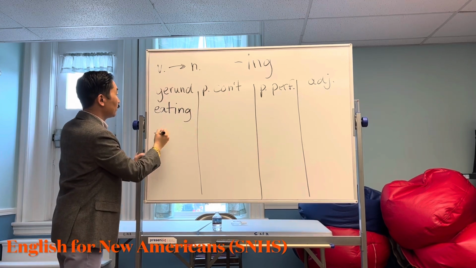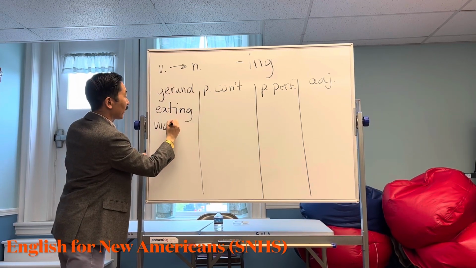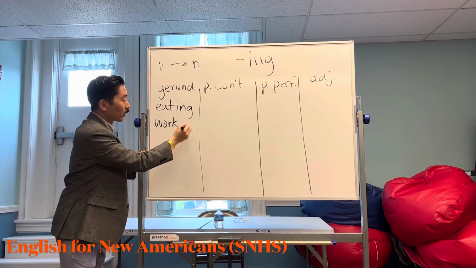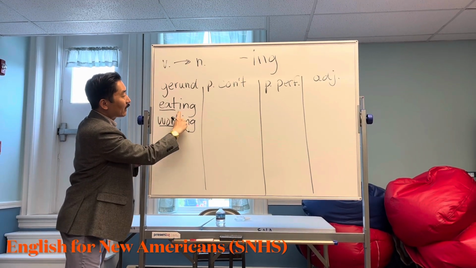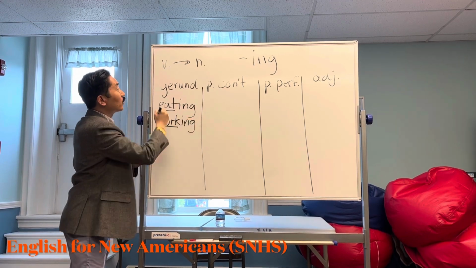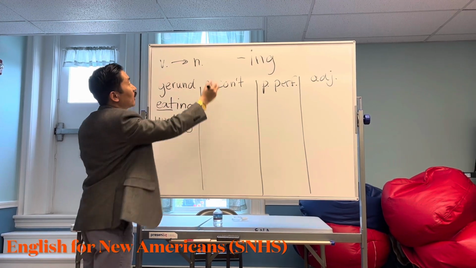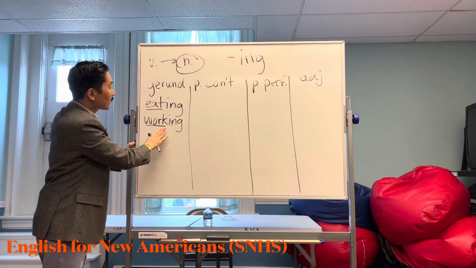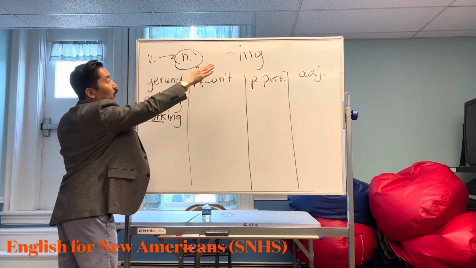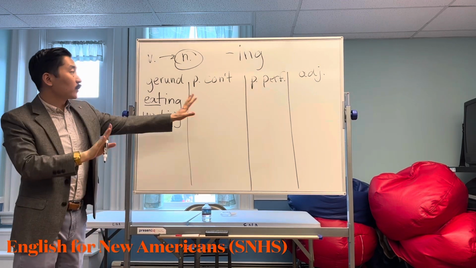Or another one might be work, everybody's favorite thing to do. And we add ing. Again, we have verbs, we add ing, and now these verbs magically are nouns. And we call this a gerund. So that's an easy way to remember when we use ing, but there are other times.